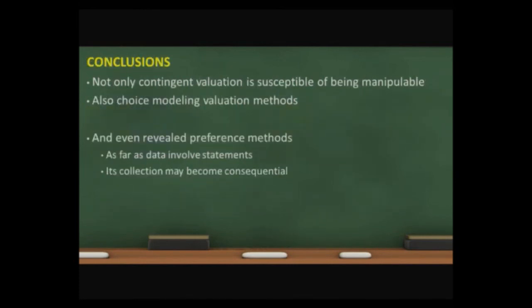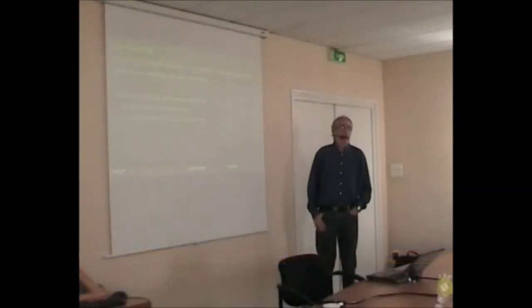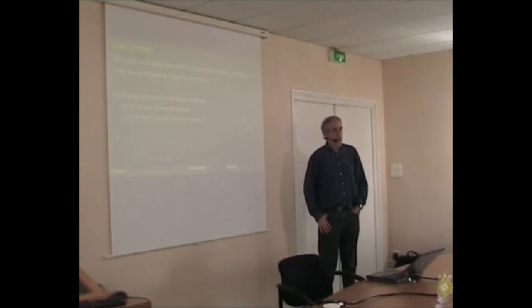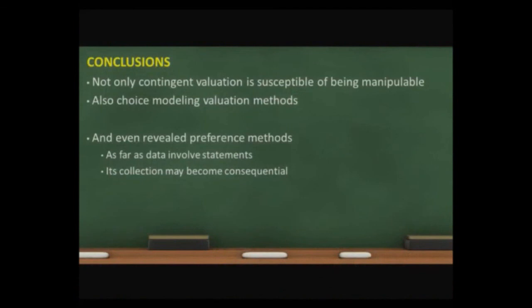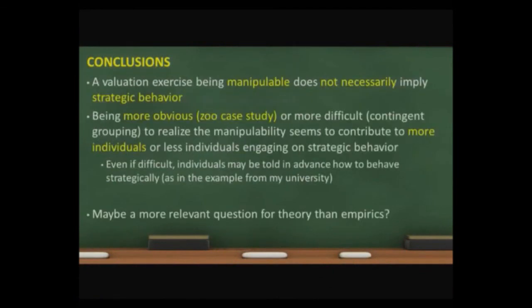Therefore, in conclusion, not only is contingent valuation susceptible to strategic behavior, but also other methods, choice modeling, or even revealed preference, which is usually thought to be immune to strategic behavior. And that an exercise is manipulable does not mean that people will manipulate it, because they have to realize, and that's difficult.